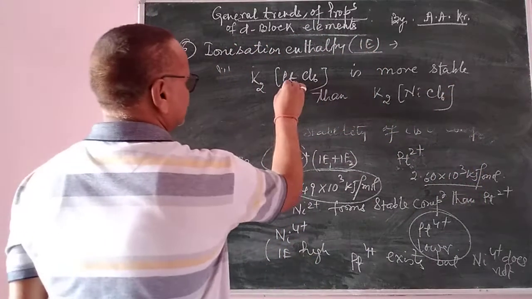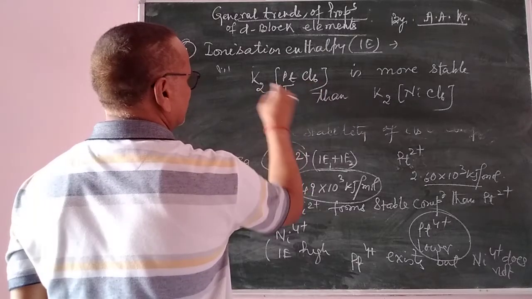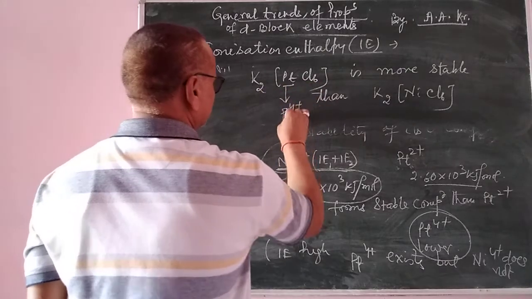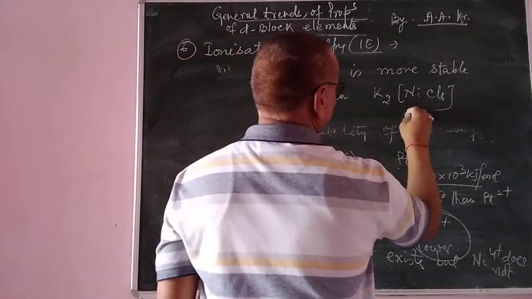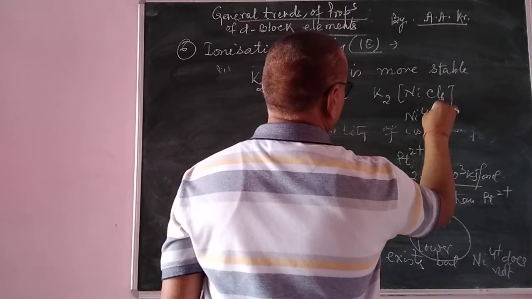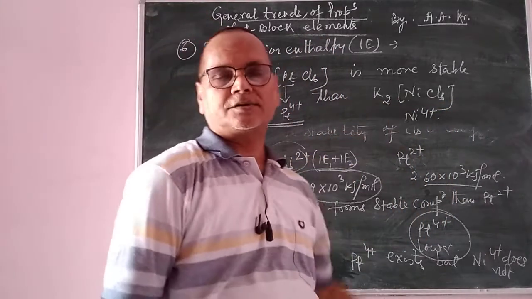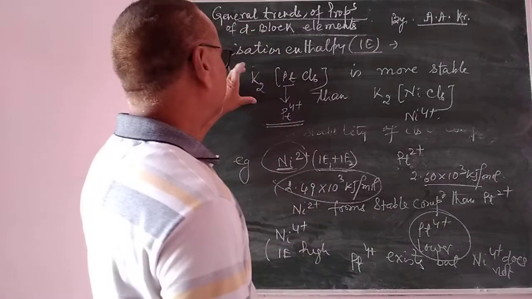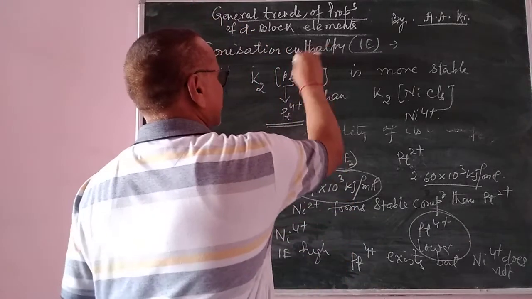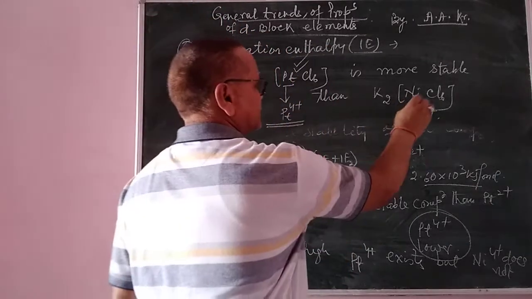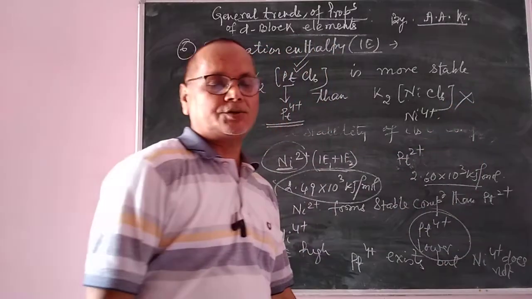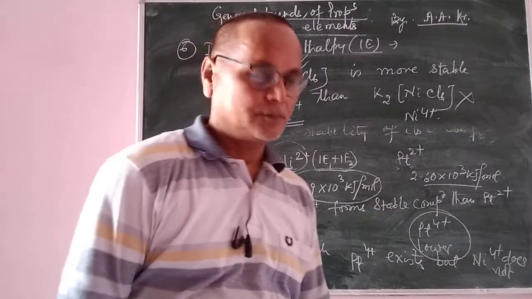Here Pt's oxidation state is Pt4+, and here Ni4+. Its ionization enthalpy is low and its ionization enthalpy is high. So this is stable, it exists, but this does not exist, it is unstable.